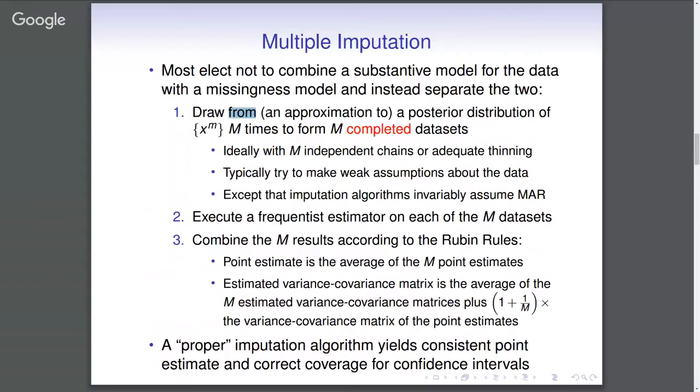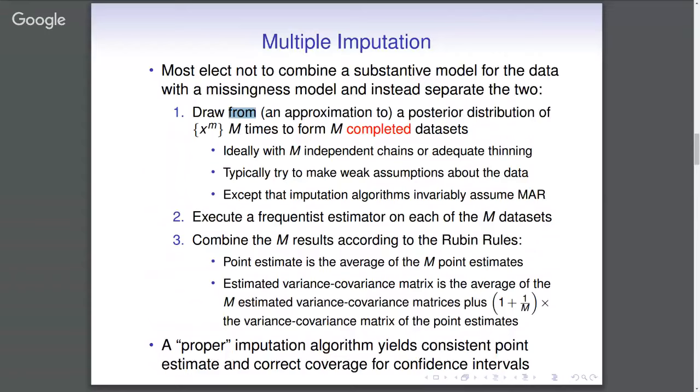These posterior distributions tend to make weak assumptions about the data, except that the data is missing at random. And then, so you have M completed data sets, you execute your frequentist estimator on the M completed data sets, and then you combine the M estimates according to the so-called Rubin rules.